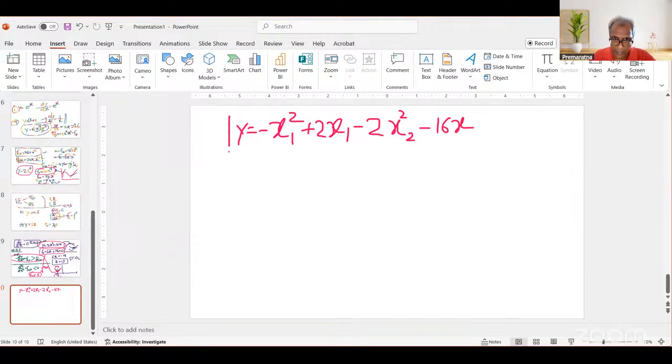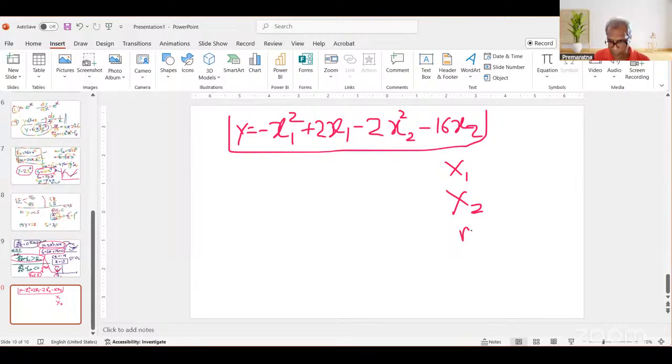Now this equation has variables x1 and x2. Find the optimal value at the optimal point, how much the value is for x1 and x2, and then whether x1 gives the maximum point or minimum point, similarly for x2 also.